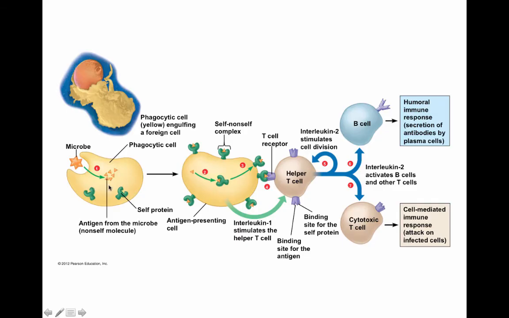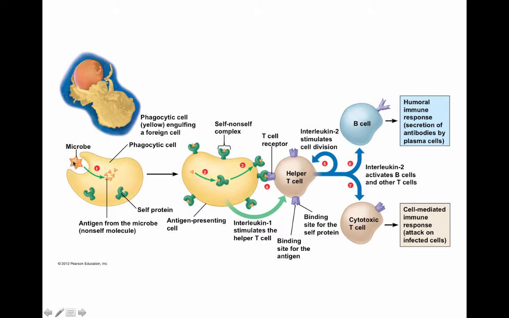Here's how this works. Helper T cells really only get activated when a phagocytic cell presents the antigen to them. Okay, so this could be a phagocytic cell in the inflammatory response. This could be a phagocytic cell that was activated by antibodies binding to a target and enhanced phagocytosis.